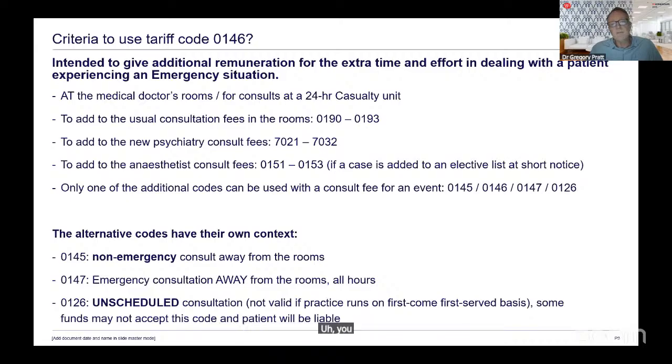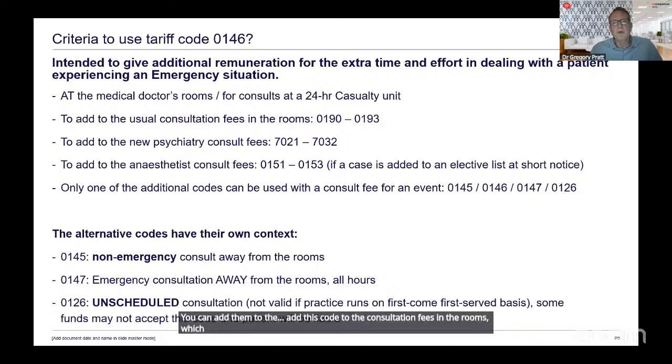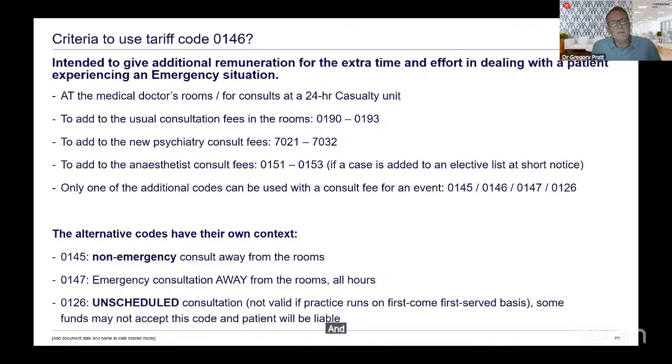You can add this code to the consultation fees in the rooms, which are normally the 0190 to 0193. And they can also be added to the psychiatric codes, also to anesthetist consult fees, which are billed under 0151 and 0153.